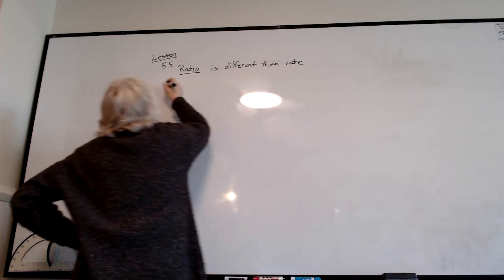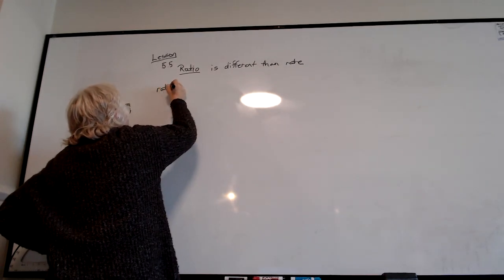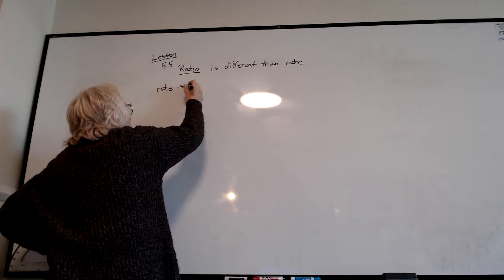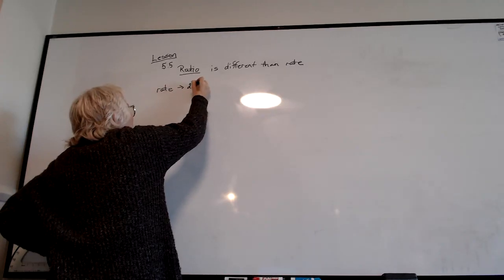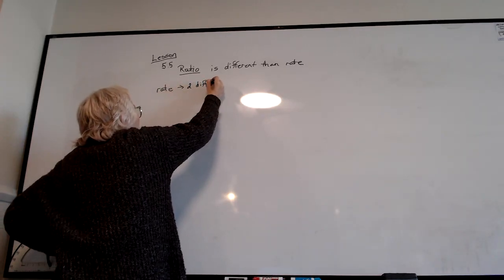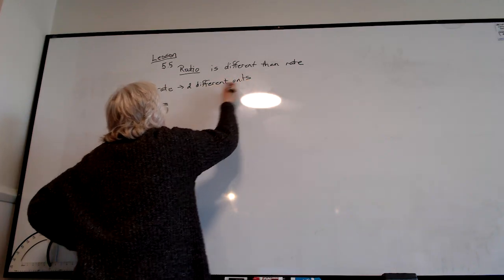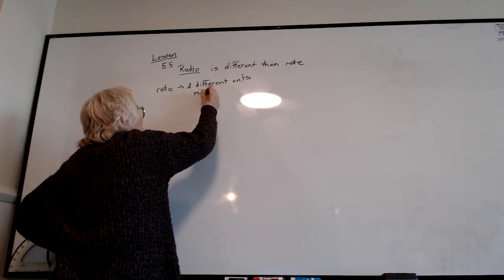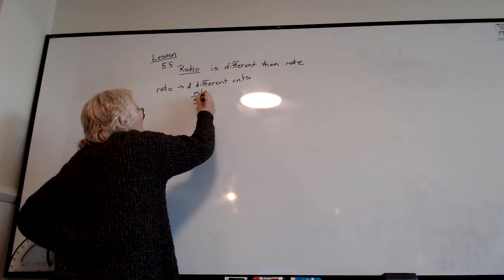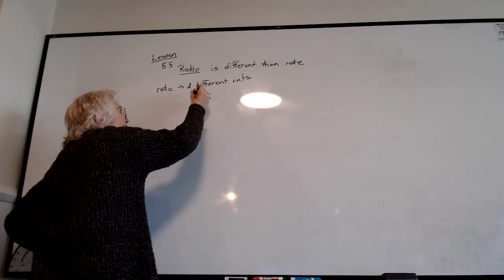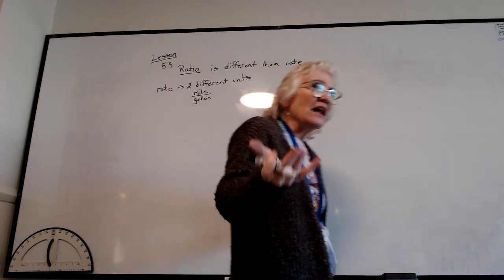Okay, remember yesterday we talked about rates. Rates have two different units. So examples, miles per gallon. Notice the units are different. A mile is different than a gallon.